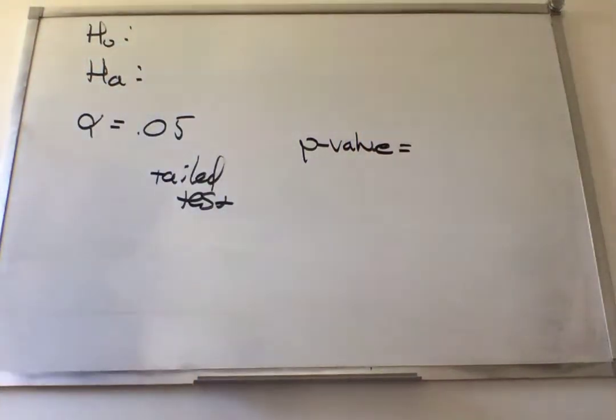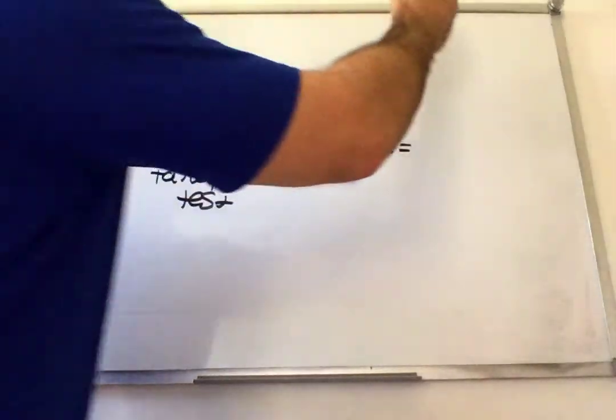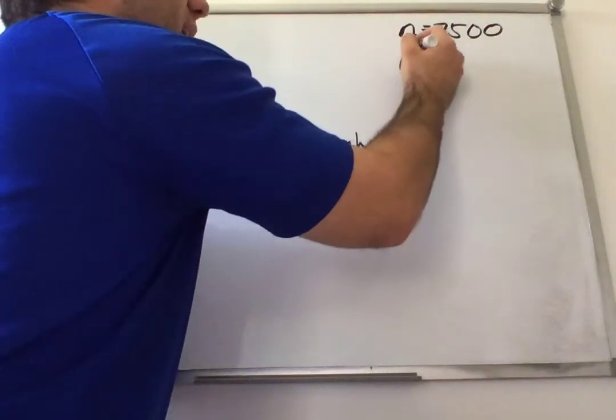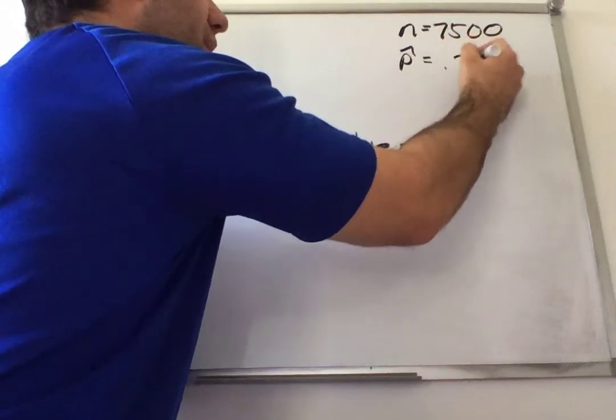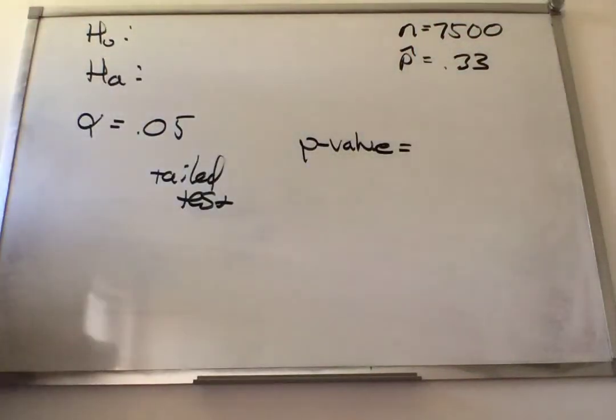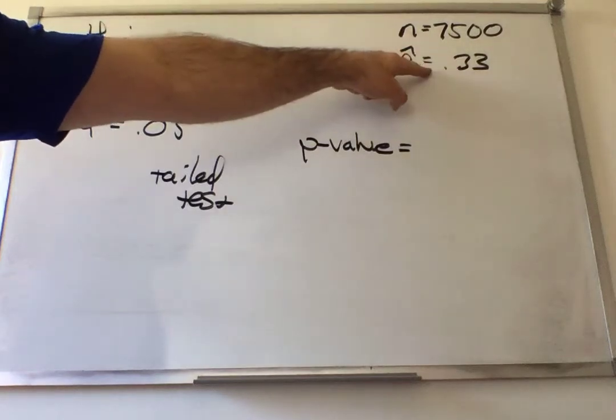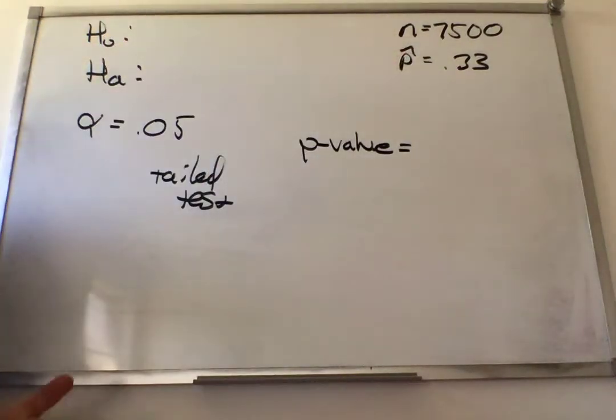They tell us our sample size, which is 7,500, and they tell us p-hat, which is 0.33. Out of those 7,500 people, 33% of them, their bills were being paid by Medicare.